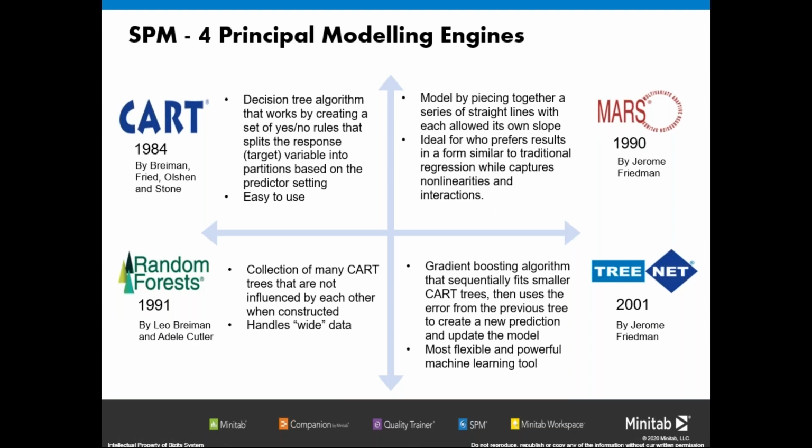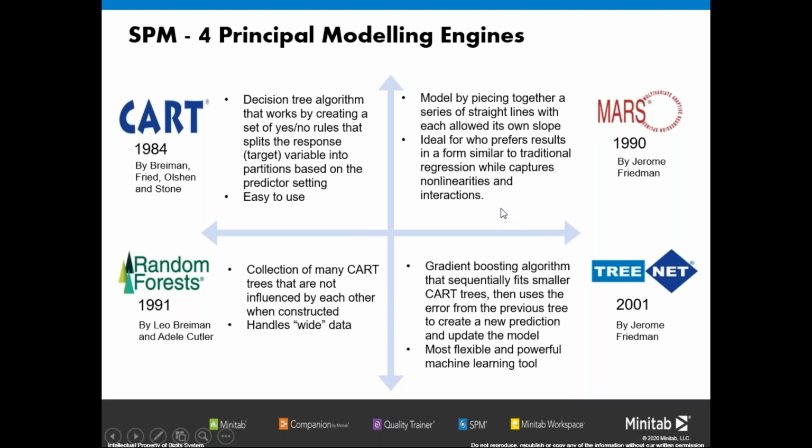MARS is something like a combination of linear regressions. We have one model, but the model is built from a combination of simple linear regressions. That's why it can capture non-linearity and interaction.